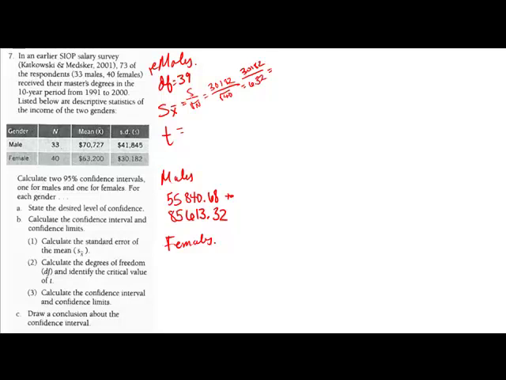Let's go ahead and do that next: 30,182 divided by my 6.32, and my standard error is 4775.63.